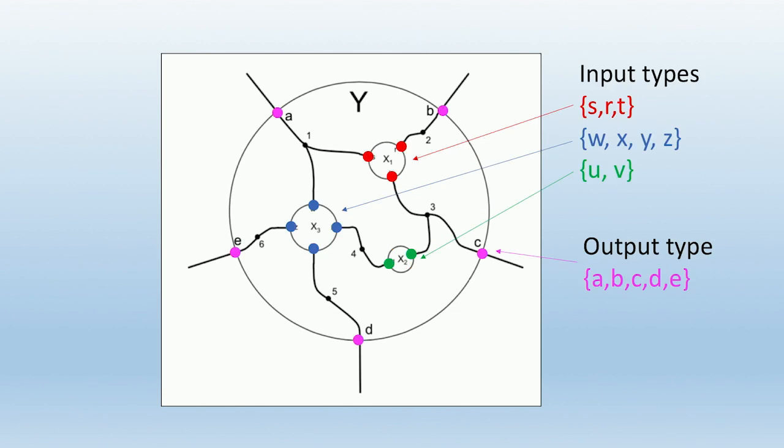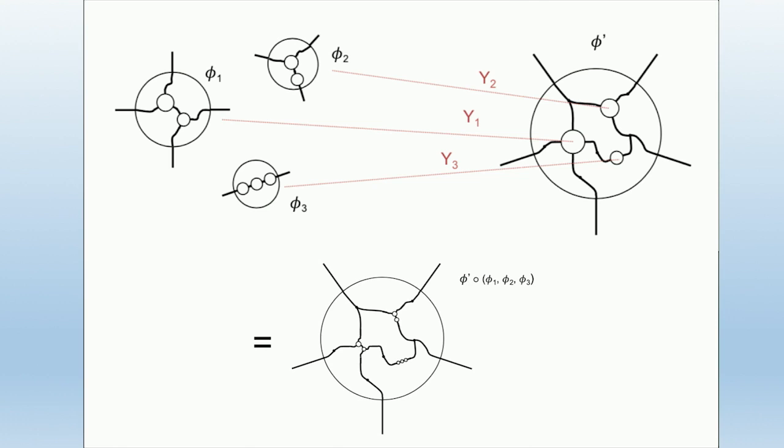The wires, all the cables that are loose around each one are the input types, and the ones around the outside, the cables poking out of the outside, is the output type. And then you can compose them by plugging diagrams into diagrams like that, as long as you can cable the wires together. Do you need a minute to look at that, or can you sort of see what's happening there, how we're plugging these wiring diagrams together?